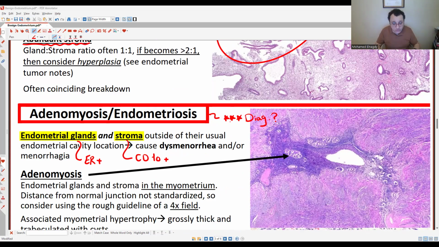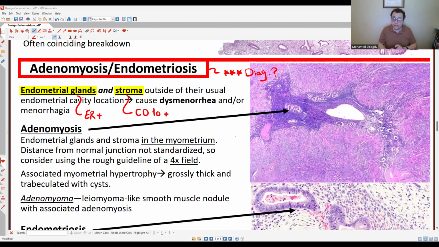There is still abundant stroma, so it's not endometrial hyperplasia. That's what we call disordered proliferative endometrium. Okay.